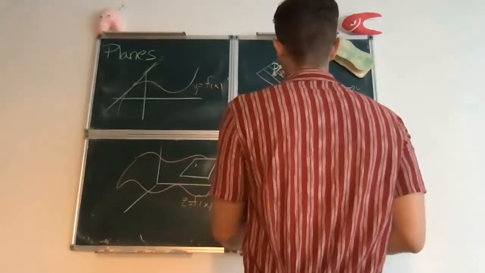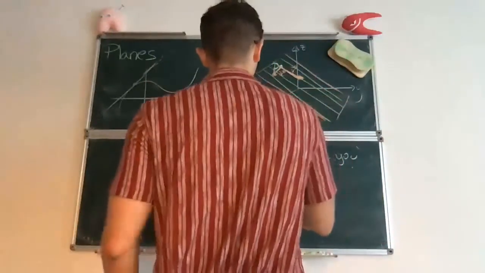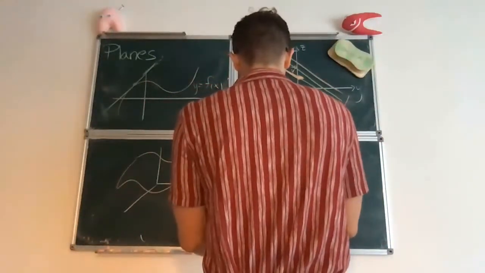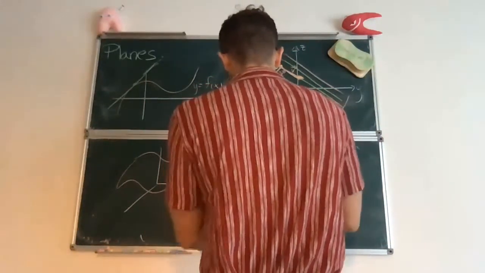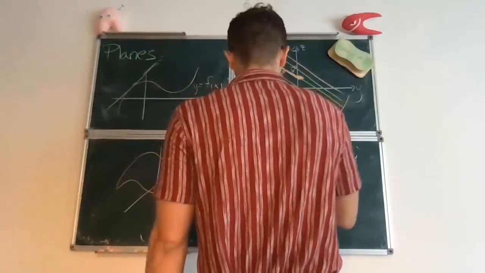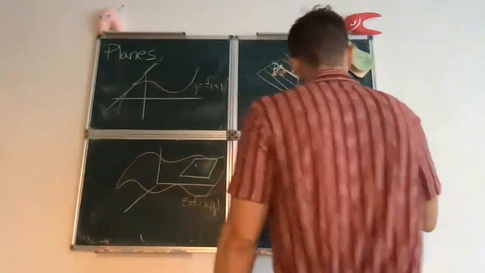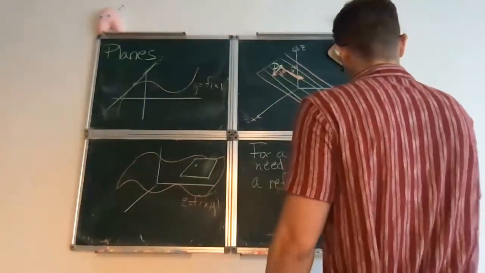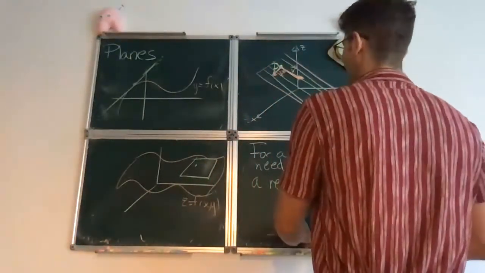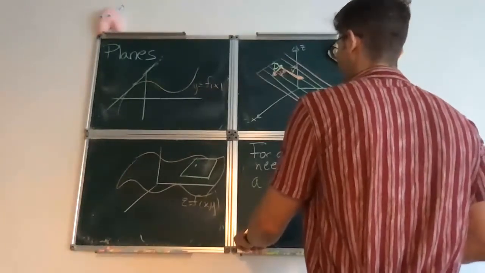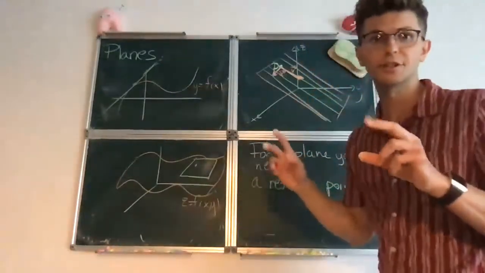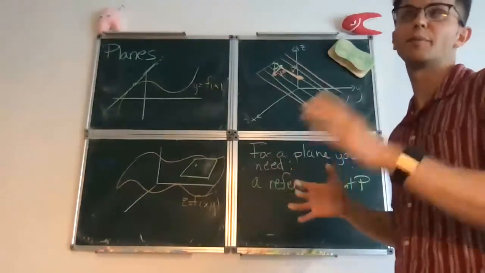you need a reference point P, which is what we used before. And then you also need two direction vectors, which you could think of as velocity vectors.